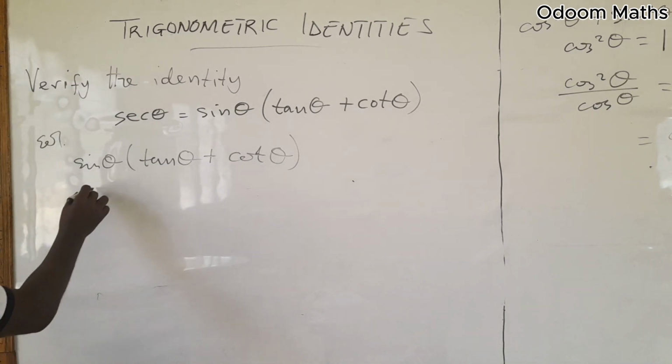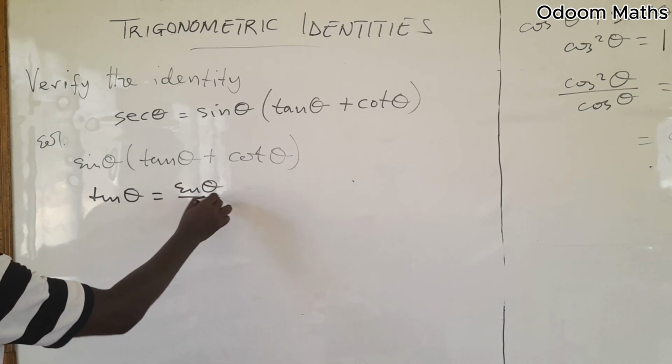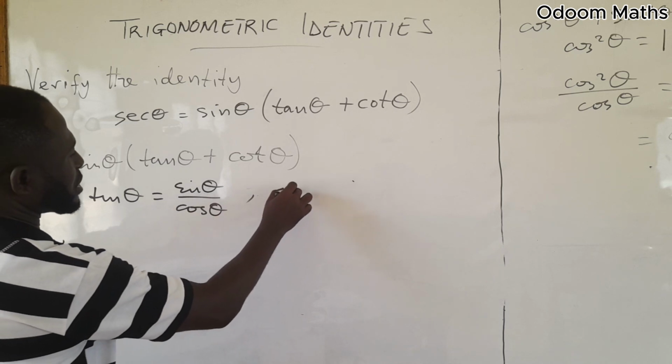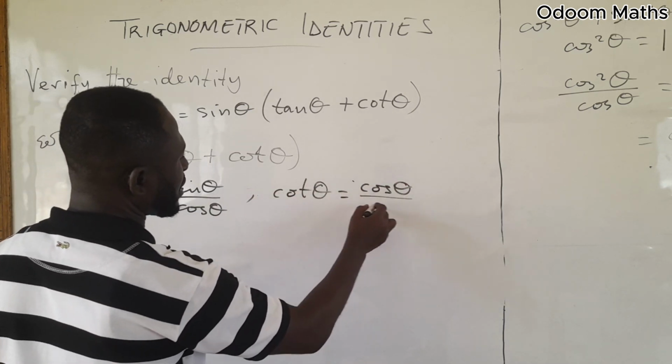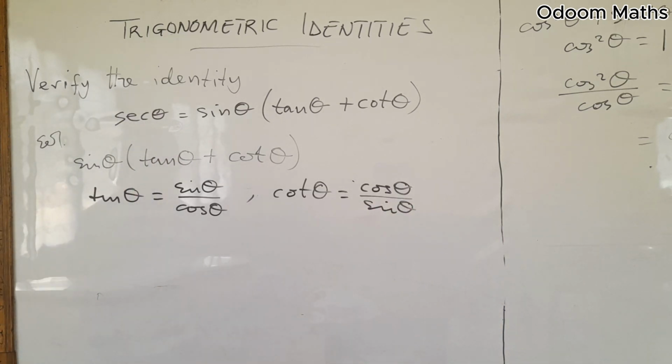Now we know tan theta to be sine theta over cos theta. Then we also know that cot theta is equal to cos theta over sine theta. Now let's substitute.